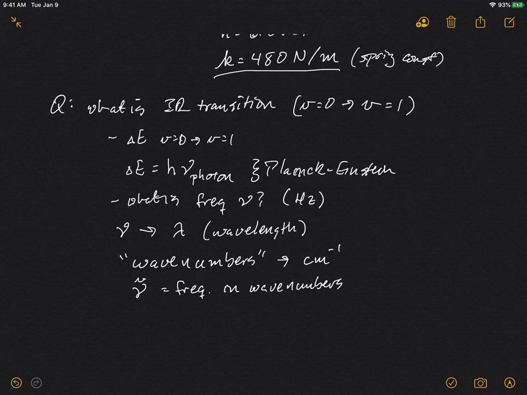And again, so frequency and energy are proportional to one another when we're talking about photons, and so we can think of frequency as a type of energy unit, and similarly wave numbers we can think of as a type of energy unit. We should treat it as an energy unit, and there's a reciprocal relationship between wavelength and frequency and wavelength and energy.